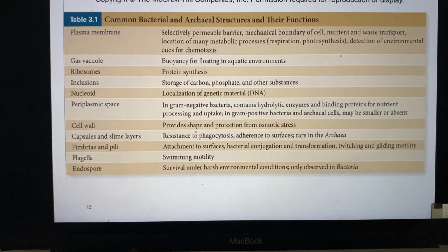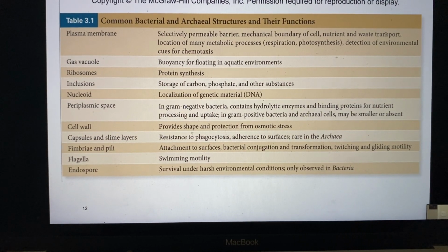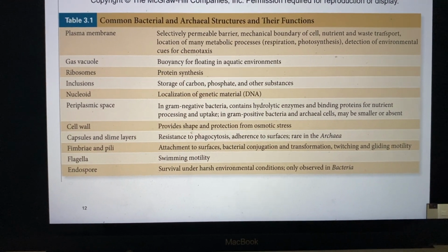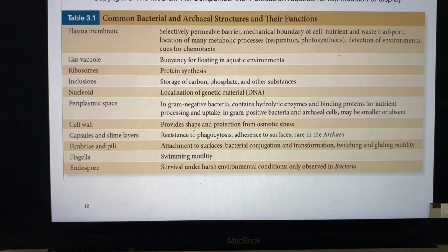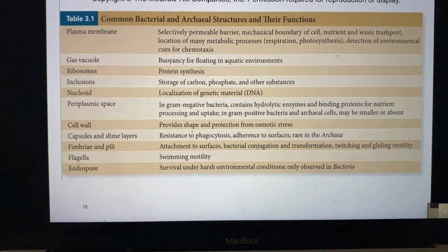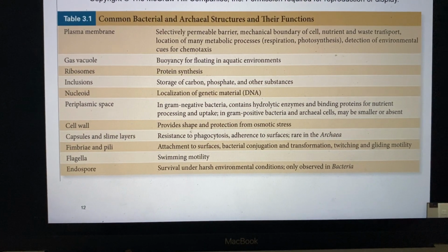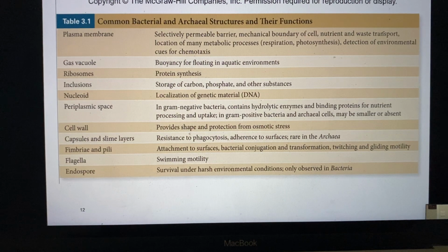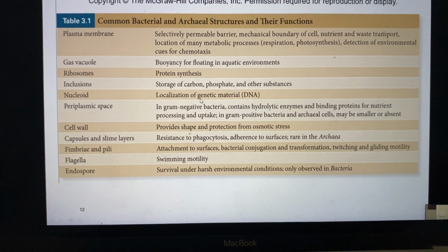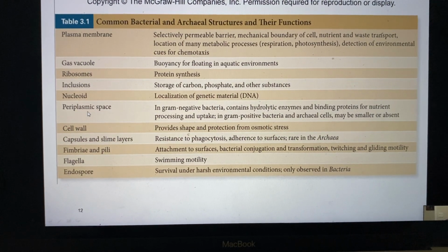Whilst in your gram-positive bacteria, since there's no outer membrane, the space between the cytoplasmic membrane and the peptidoglycan is considered by some authors to be the periplasmic space, and these will be either very small or they may be absent also. So gram positives do not have this advantage of having an enclosed periplasmic space.